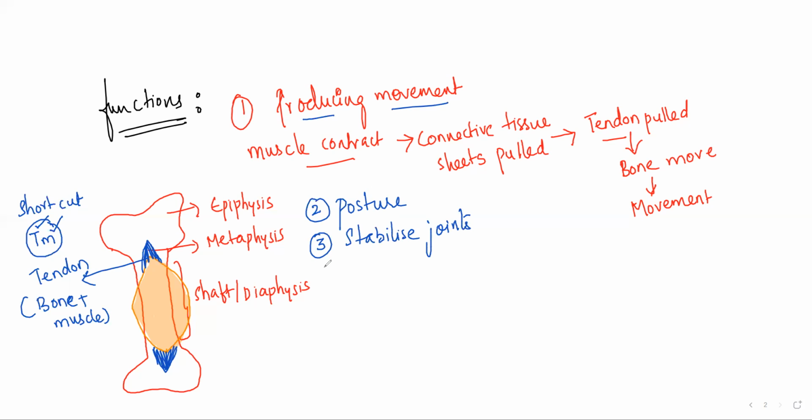Fourthly, your muscles contract to generate heat. They actually generate heat to keep your body warmer, especially during winters. So it is generating heat. These are the functions of a muscle.